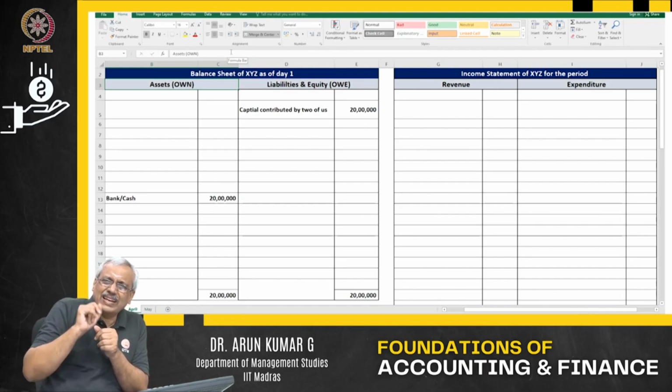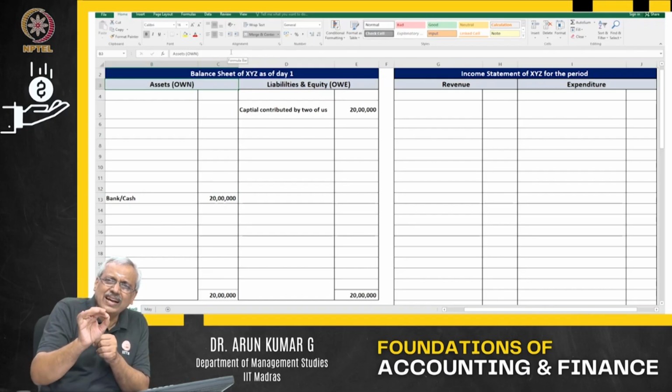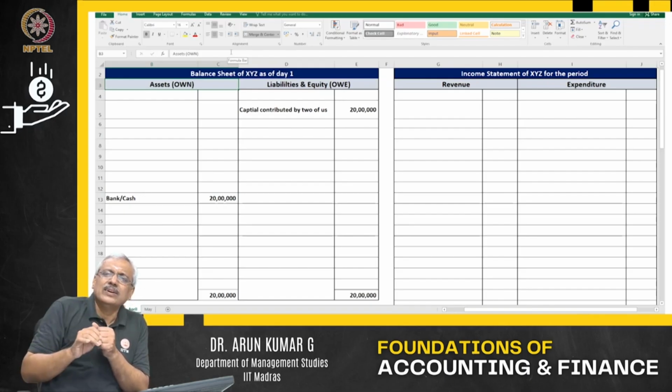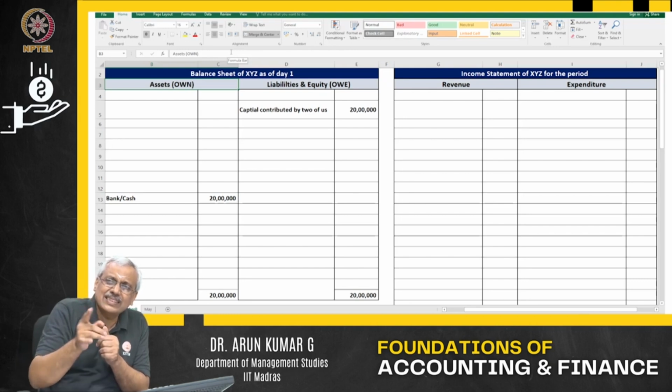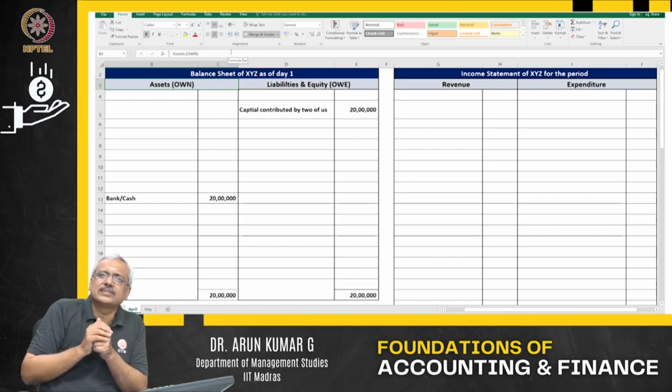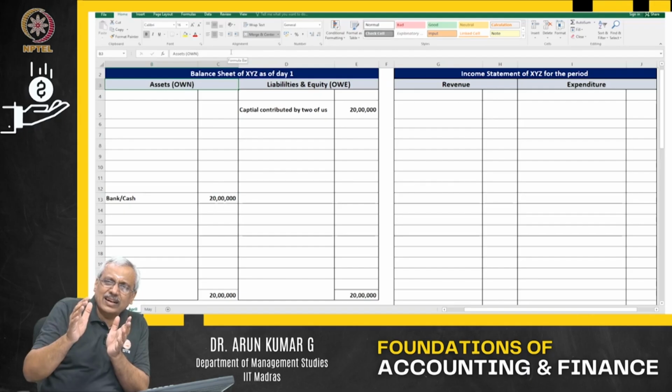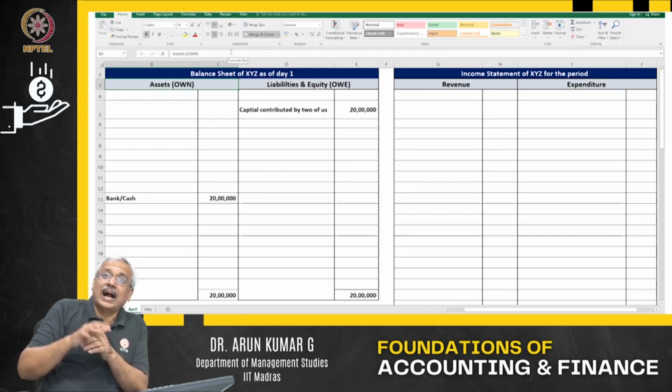The other 45 lakhs, I have signed a promissory note where I will pay at a later stage. That is, the machinery cost is 50 lakhs.